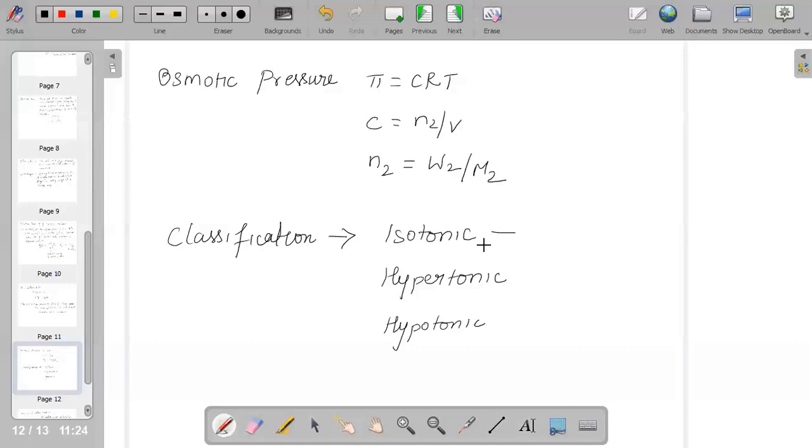When we talk about hypotonic, the medium encompassing the cell will have higher water concentration than the cell. So whether it is hypertonic or hypotonic is decided based on the comparison of the water concentration between the cell and the medium.